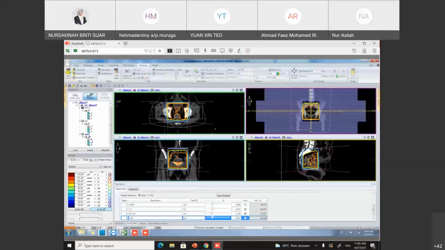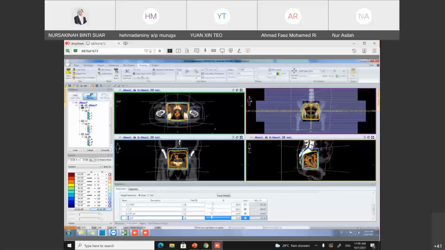So let's see. I reduce to 23%. I'll show you bit by bit, I don't want too much. Now my 2.67% actually contributes to the posterior beam only. You see, when I reduce my anterior weighting, my plan is now better, and the dose is more homogeneous in the anterior and the posterior part.